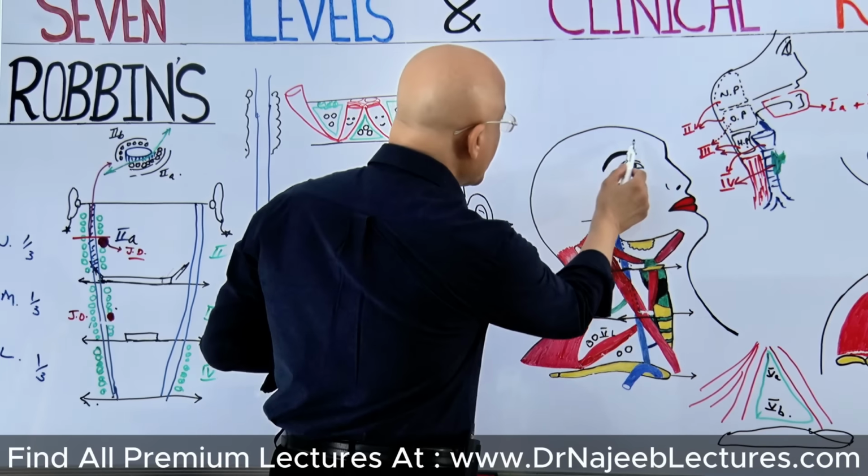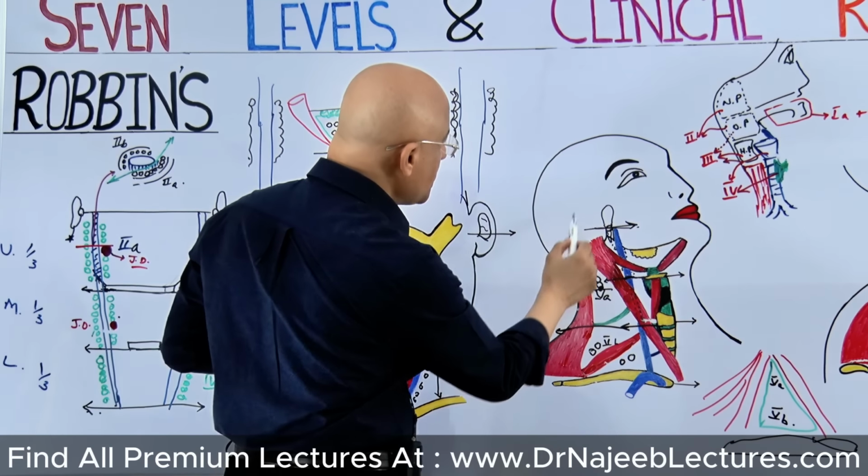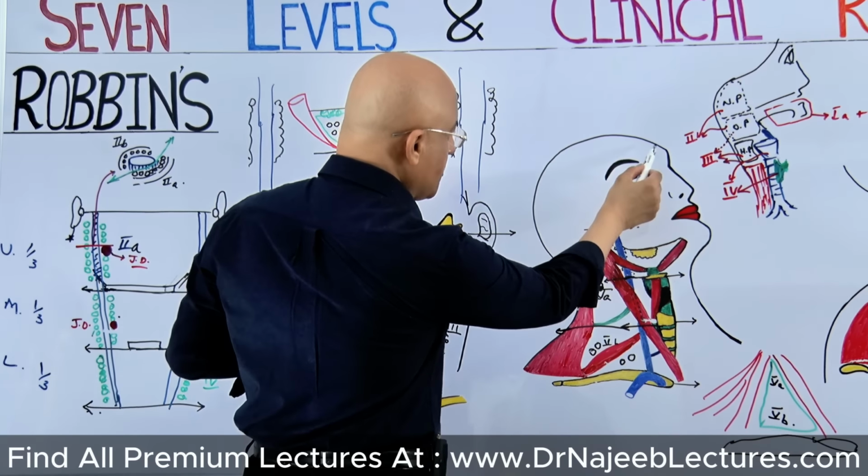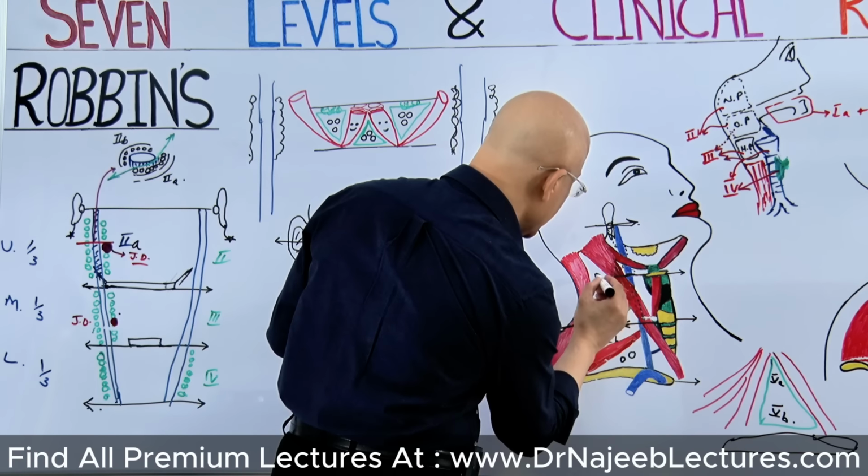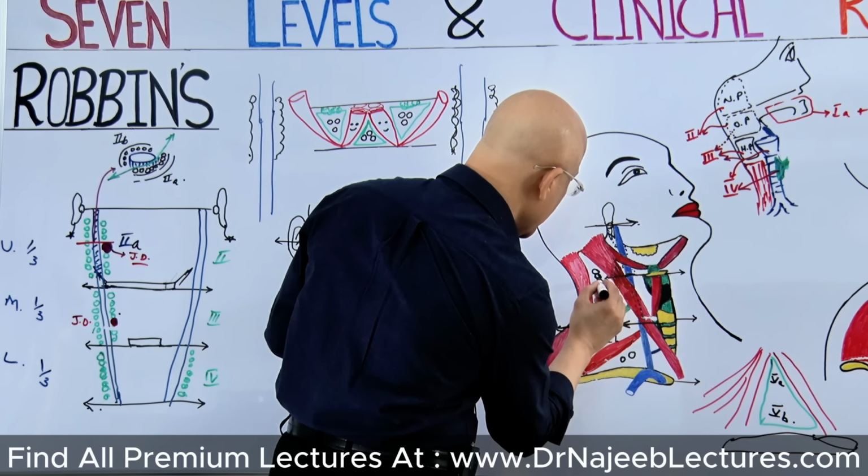Okay, now what we are saying is that cancers from the scalp, especially melanoma, squamous cell carcinoma, right? Cancers from the scalp, they love to drain into 5A level. I just want to highlight this 5A. These are upper.